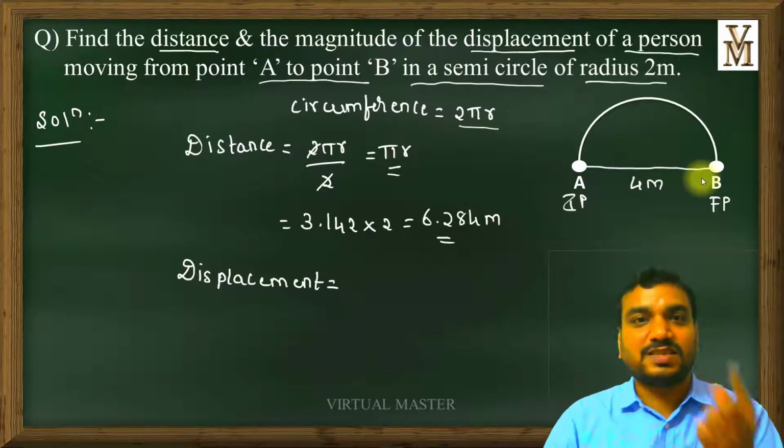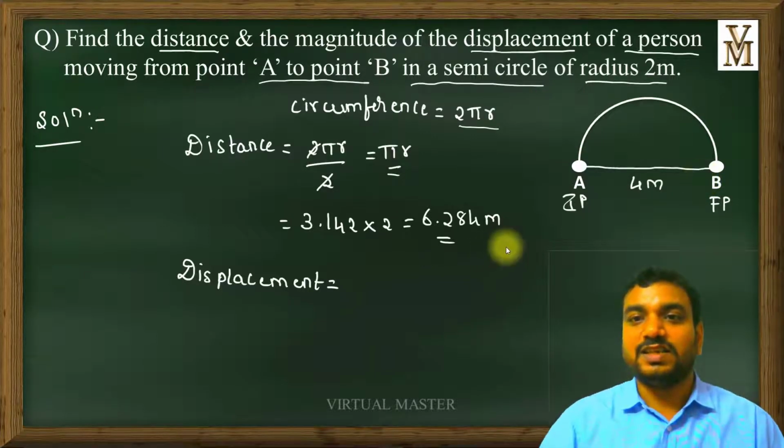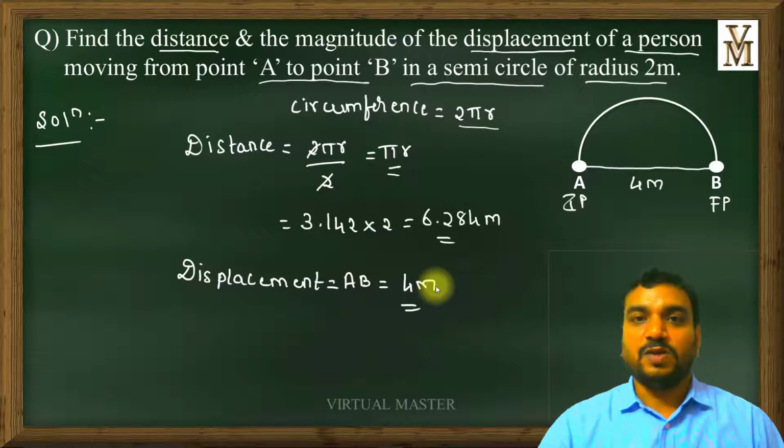Okay, this we have discussed earlier also, isn't it? The length of the straight line between initial position and final position, that is AB, gives us the displacement. So displacement is equal to AB. It is equal to how much? 4 meter. Okay. I hope everyone have understood how to solve this type of question.